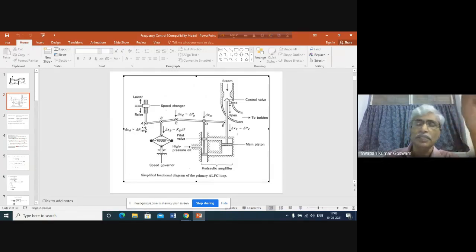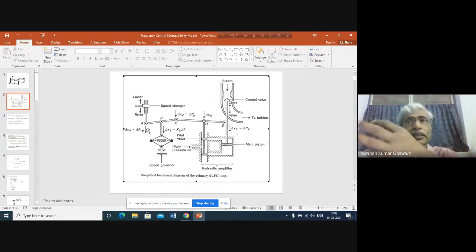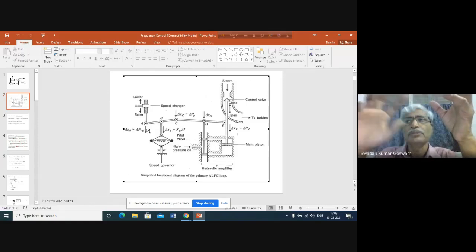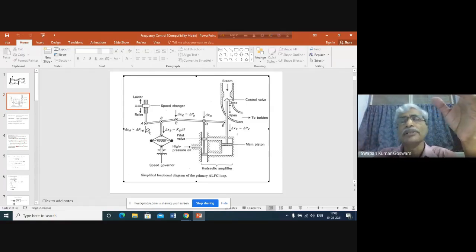But what is the main purpose? You are changing the position of A here. As a result, we are giving a power increase command. So we want to develop a model in terms of the power increase or decrease command, in terms of the change in frequency, and in terms of the opening of the steam valve.